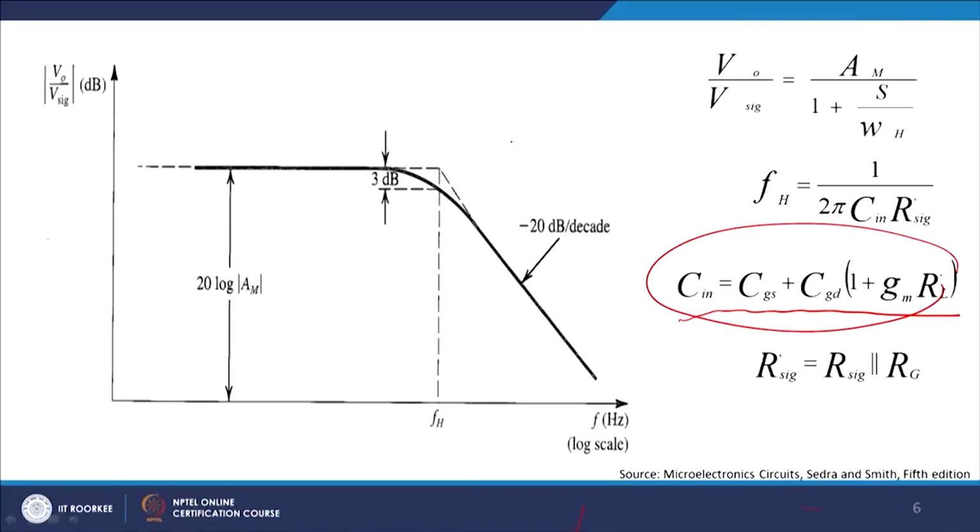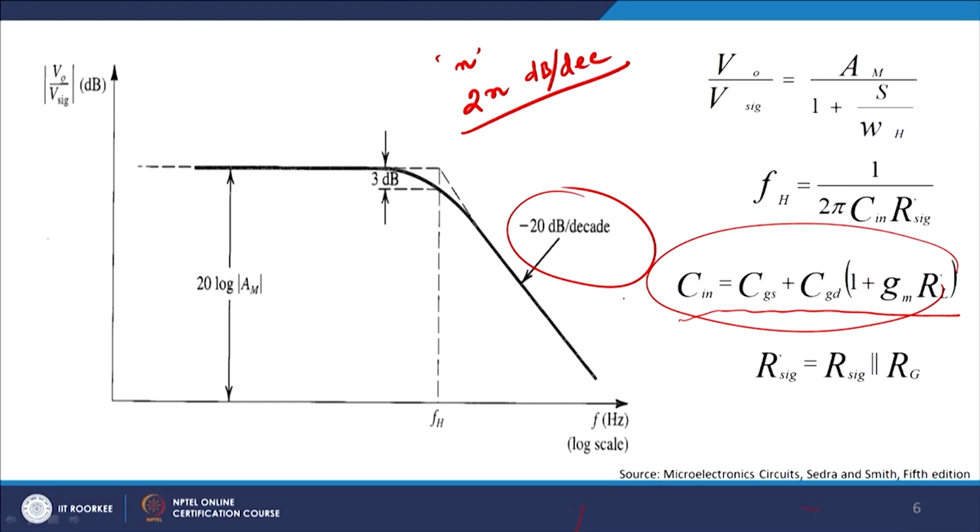With this, we have seen that for every pole added you get, for an nth order filter, a roll off rate of 20n dB per decade, which means that a second order system will be 40 dB per decade because n is equal to 2.